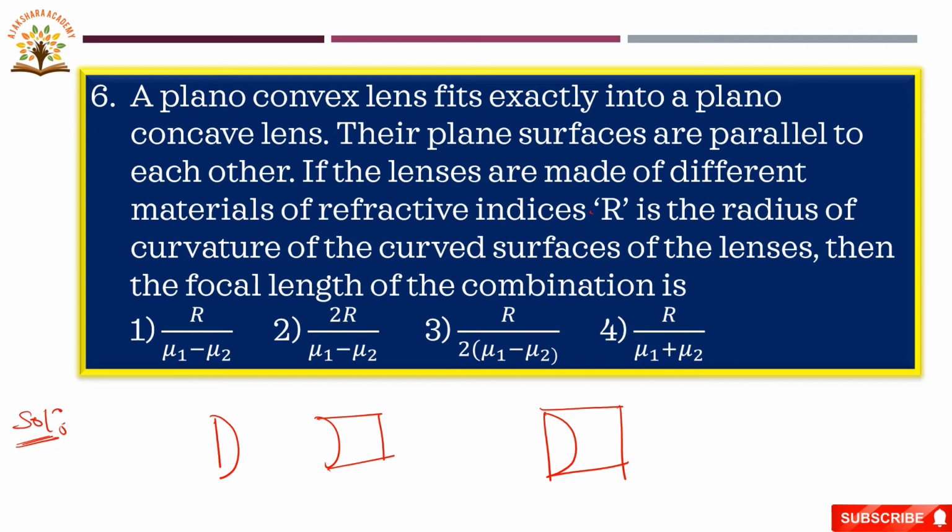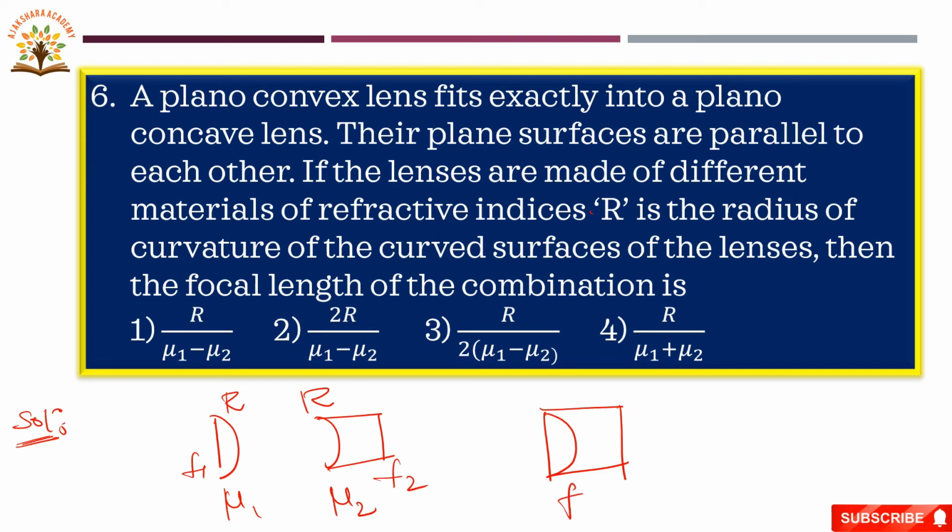Here we have to calculate this combination of the lenses. For this, focal length f1 and radius of curvature r, and refractive index is mu1, and for this mu2, and focal length is f2, and this f we have to calculate.